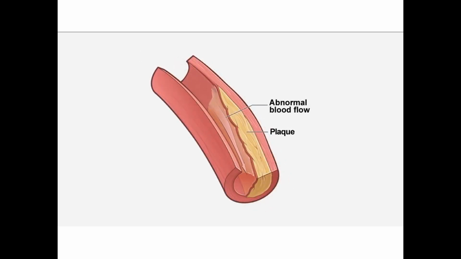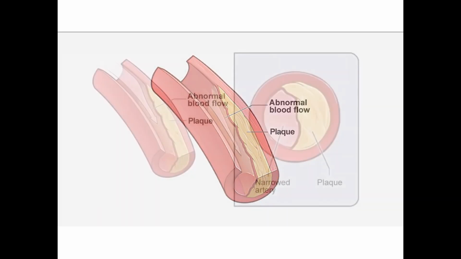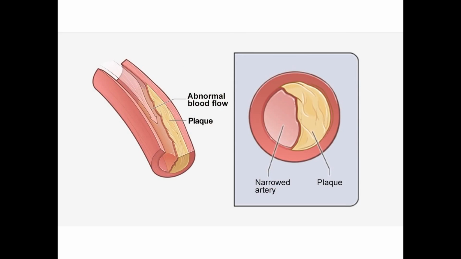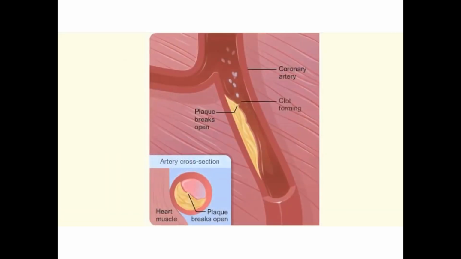In atherosclerosis, plaque builds up inside your arteries. Plaque is made up of fat, cholesterol, calcium, and other substances found in the blood. Over time, plaque hardens and narrows your coronary arteries. The buildup of plaque limits the flow of oxygen-rich blood to your heart, which can cause chest pain or discomfort called angina. Eventually, an area of plaque can rupture or break open.